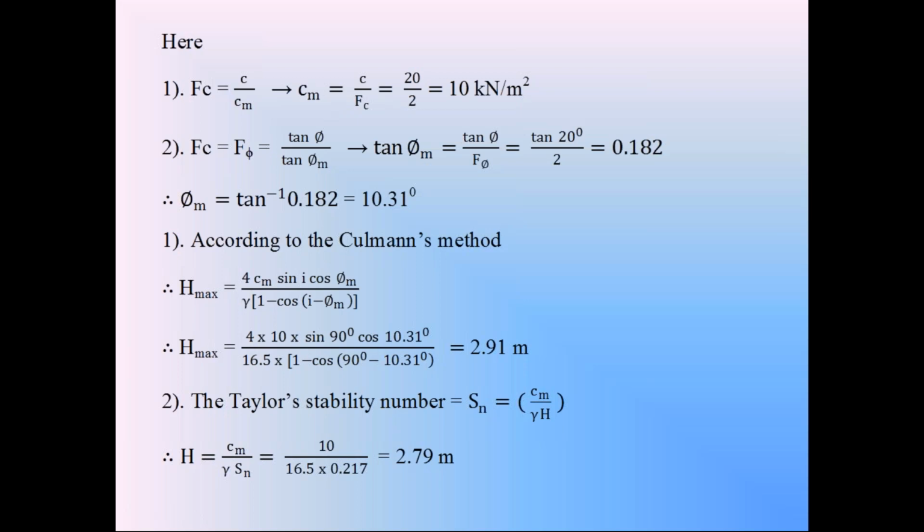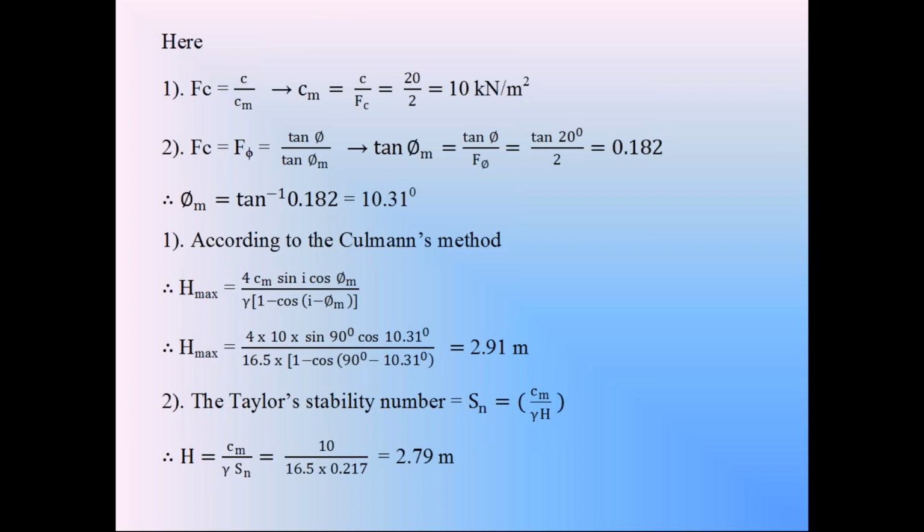Similarly, in the side slope, we have this phi m. This is the mobilized angle of shearing resistance phi m. This is the procedure. So Fs, Fφ, tan phi by tan phi m. From the soil investigation, you can find out this phi value by conducting the vane shear test or by conducting the standard penetration test.